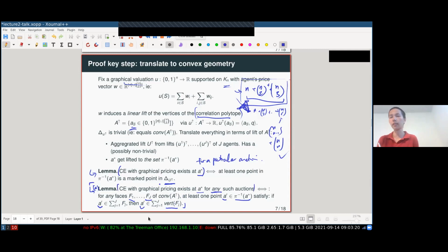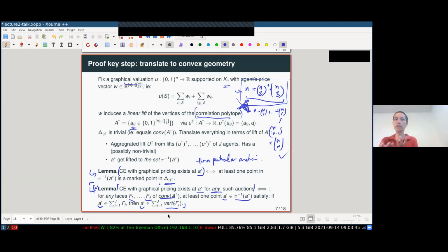That's the economics part. We translated it to a problem purely about the correlation polytope. Namely, if you have J copies of this correlation polytope, you are free to pick a face for each copy. And now you form the Minkowski sum of those faces, which gives you some polytope.